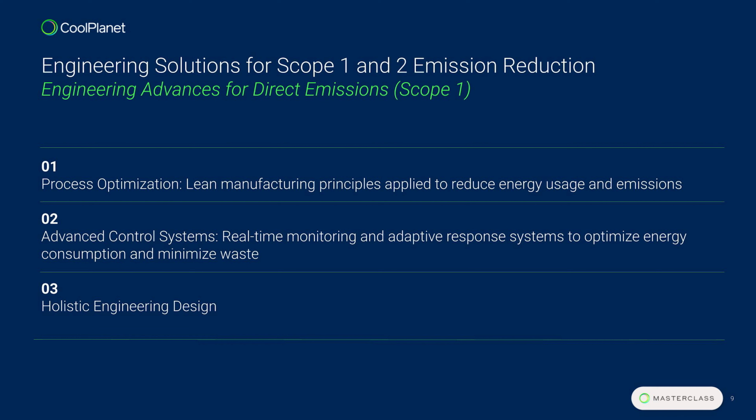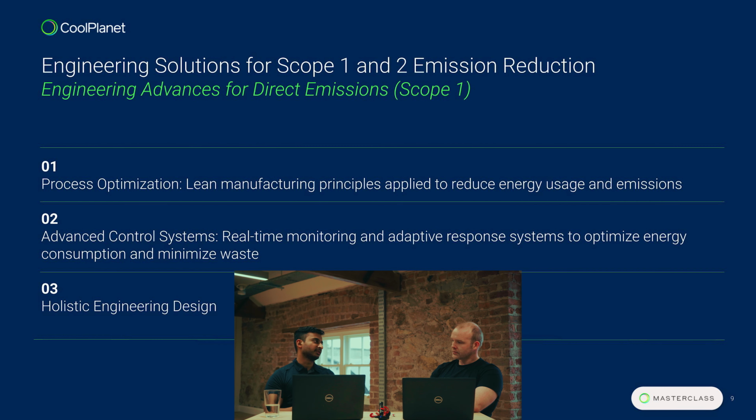Just like the lean manufacturing principles, the big thing that comes into picture here is the fact that using a software, an energy management system, not unlike our CoolPlanet OS, which is tracking and measuring your data in real time and giving you insights on how you can reduce your energy usage and emissions.